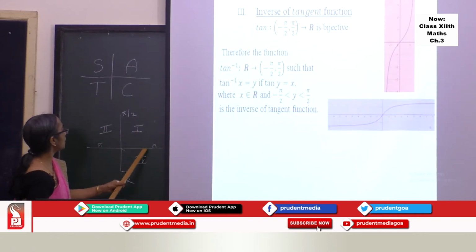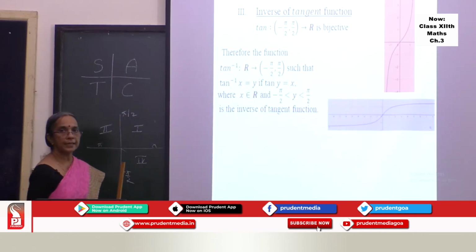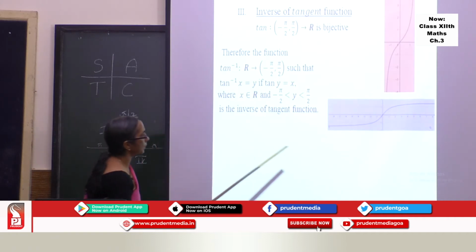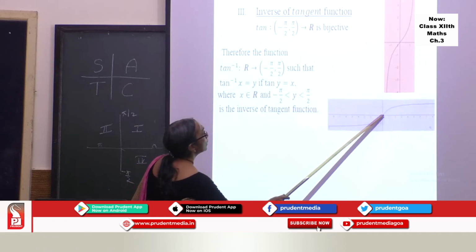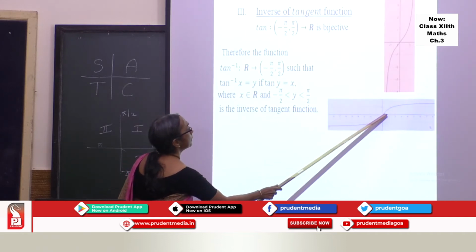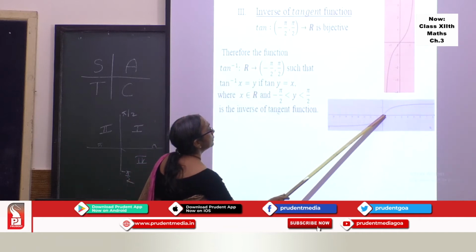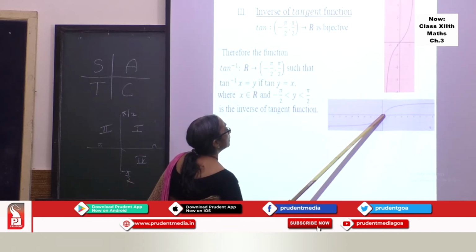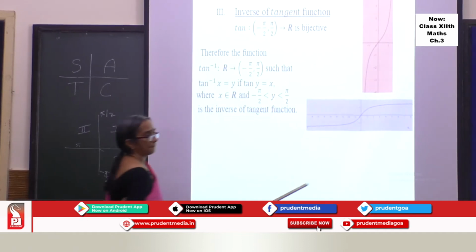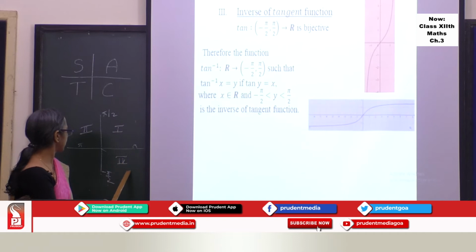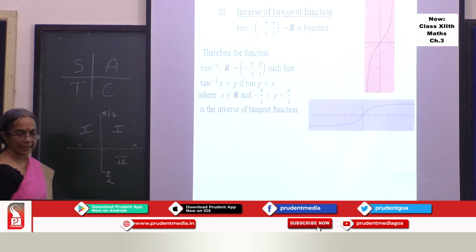Tan inverse of a positive value is between 0 and pi by 2. First quadrant positive, fourth quadrant negative.